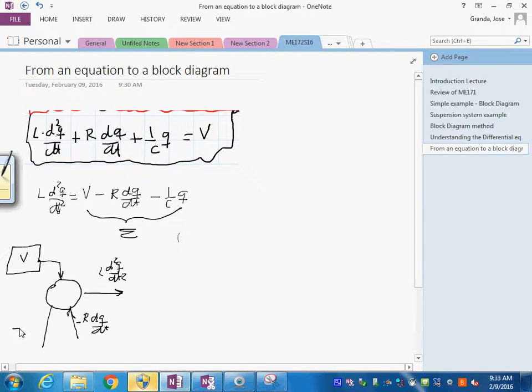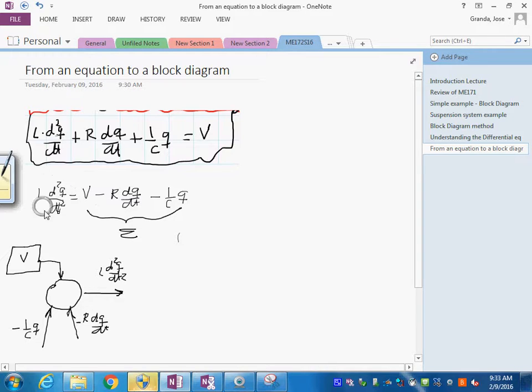So this equation here is saying this is the result of this summation, and that's exactly what this picture is doing. I am telling you this because if you have a system that has 2 or 3 equations, the idea is not going to be any different. But if you keep that orientation, that method, you will be able to develop those block diagrams much easier. Very, very much so.